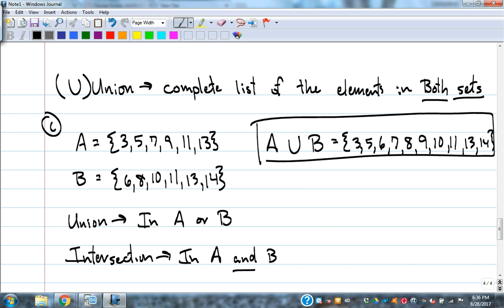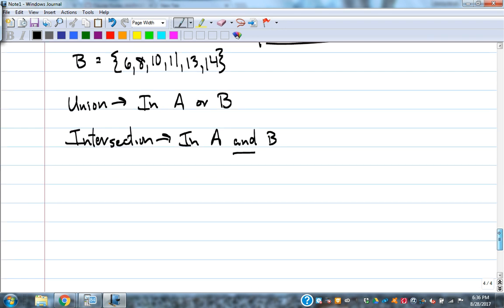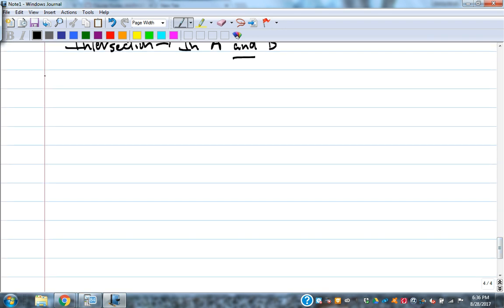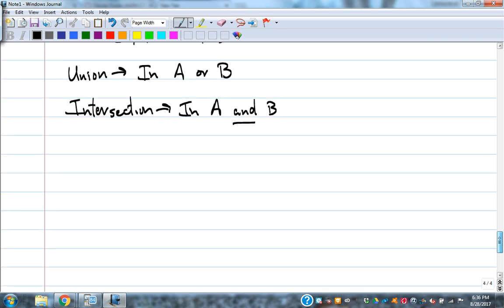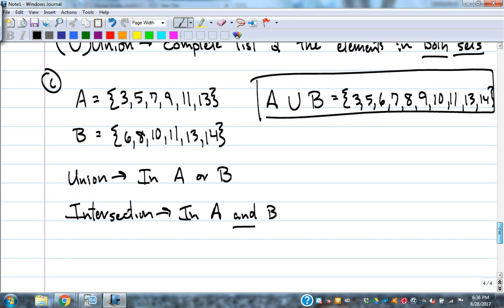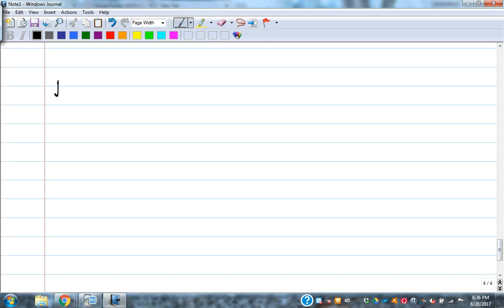Okay, so let's take a couple of sets and write out those unions and intersections just to make sure we've got that, and then we'll go on to complements and fun stuff. So set W, just some random numbers here: 9, 15, 25, and 36.